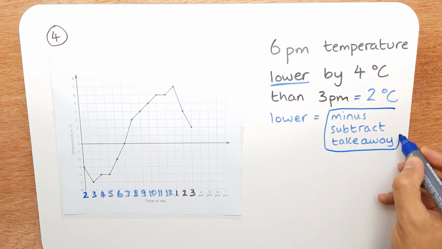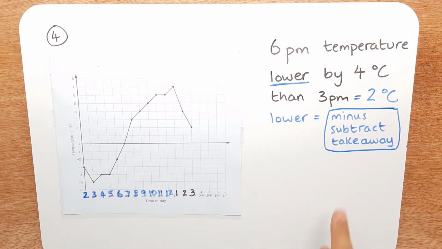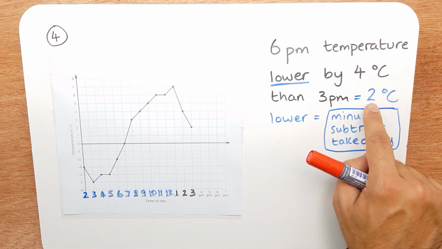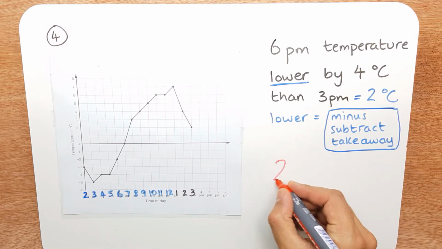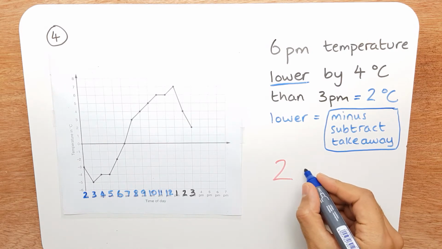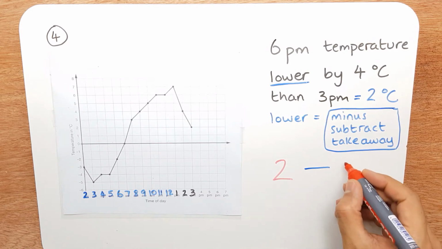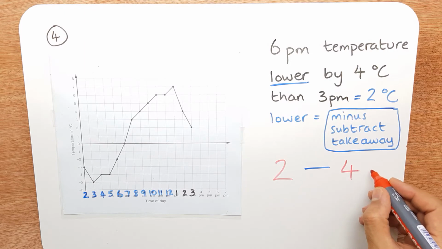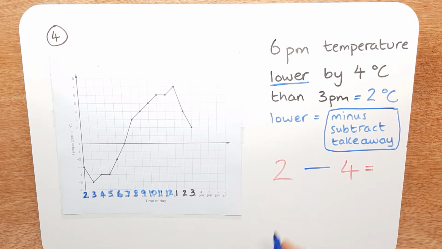All these are the same. So what we need to do is start at 2 degrees and then we need to take away 4 degrees. Now let's draw this on a number line.